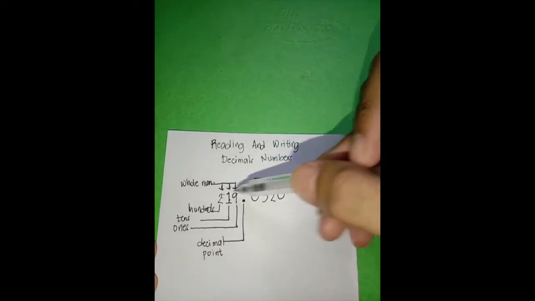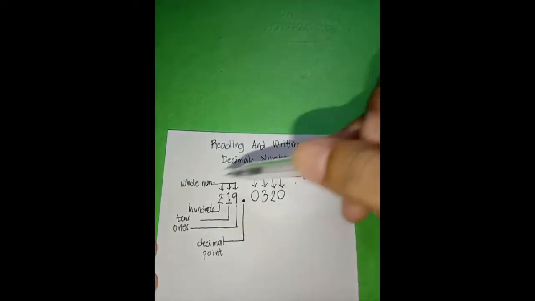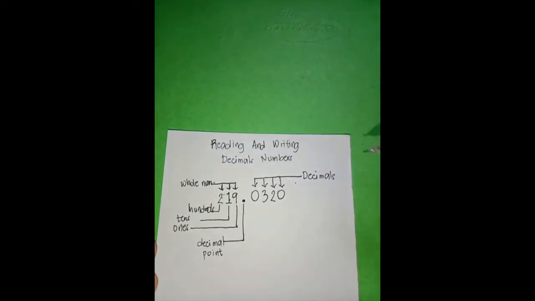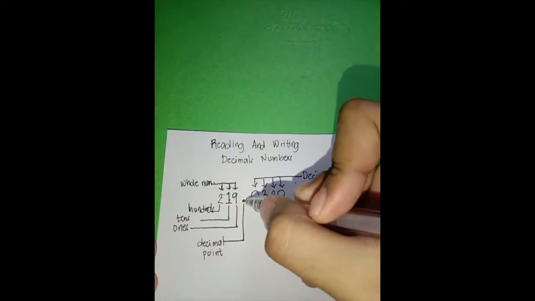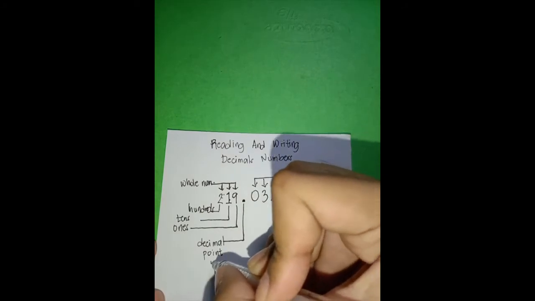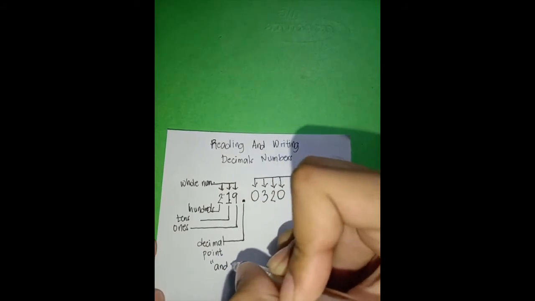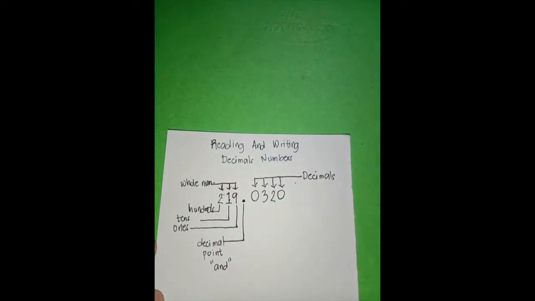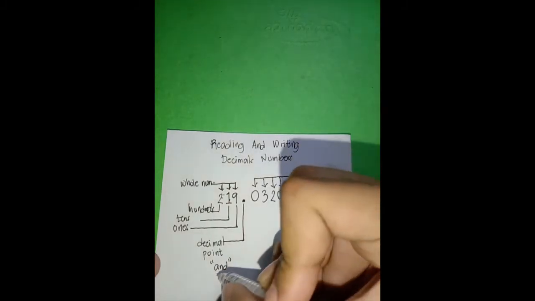This decimal point is read as "and", not "point" or "decimal point", but it is read as "and".